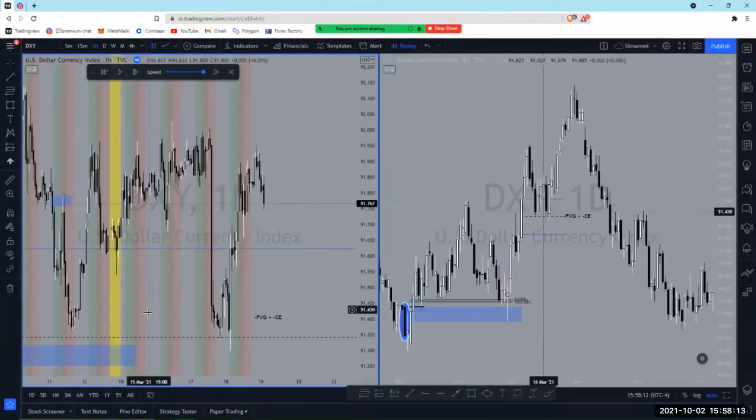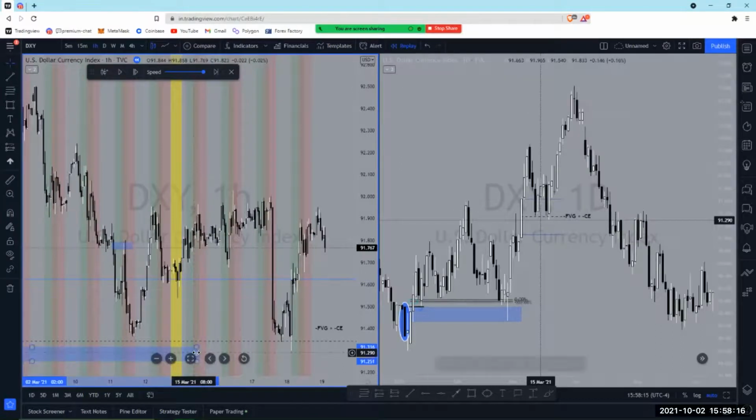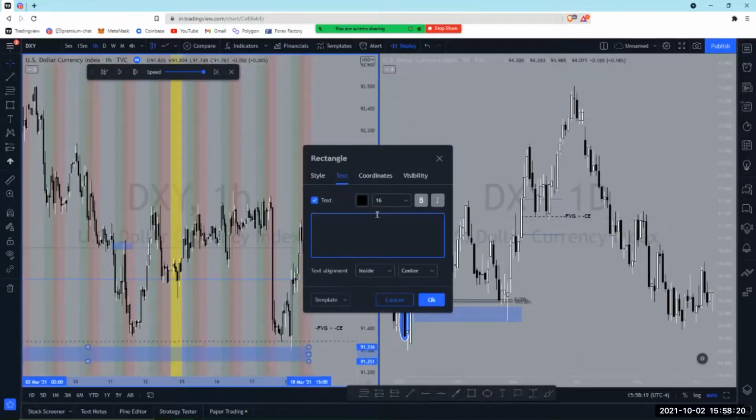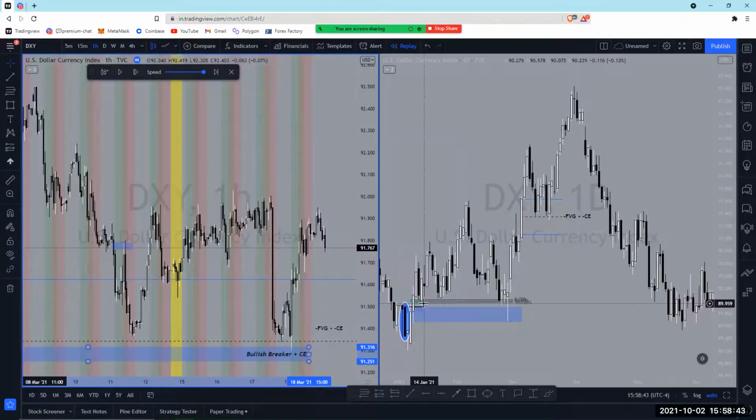All right, so there we go, right there, guys. This is what we call a bullish breaker. All right, plus I'm just going to put CE for short, but that's consequent encroachment, which is 50% of our fair value gap.